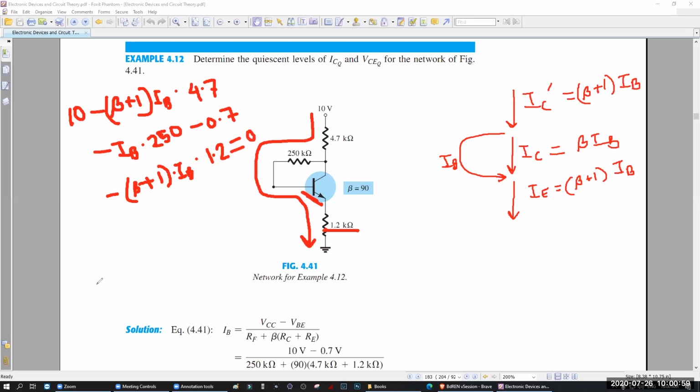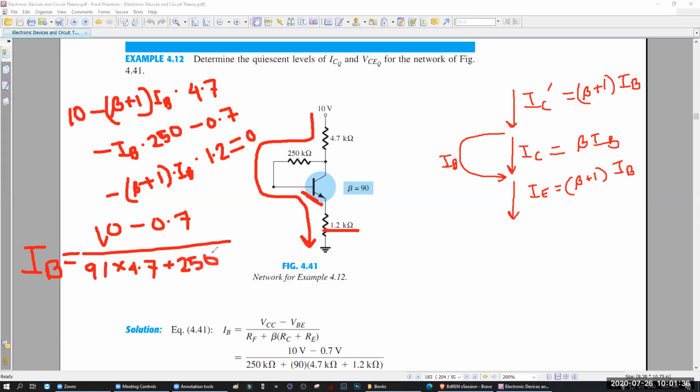Here the only unknown thing is IB. Beta is equal to 90, so beta plus 1 is 91. We know it already. So let's find IB.